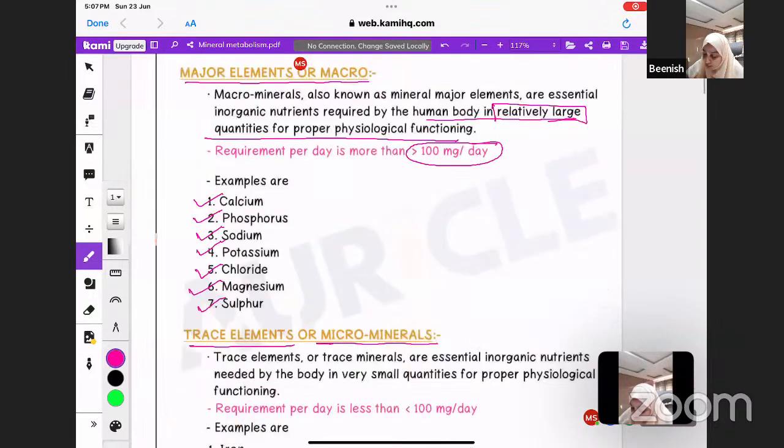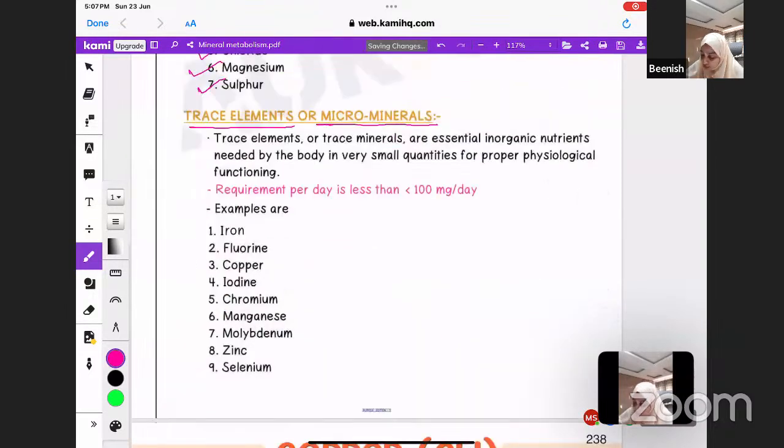Now, talking about trace elements, the name itself is very suggestive. Trace elements or trace minerals are essential inorganic nutrients needed by the body in very small quantities for proper physiological functioning. This is in contrast to your macro minerals, which are required in large quantities; your micro minerals are required in minute quantities.